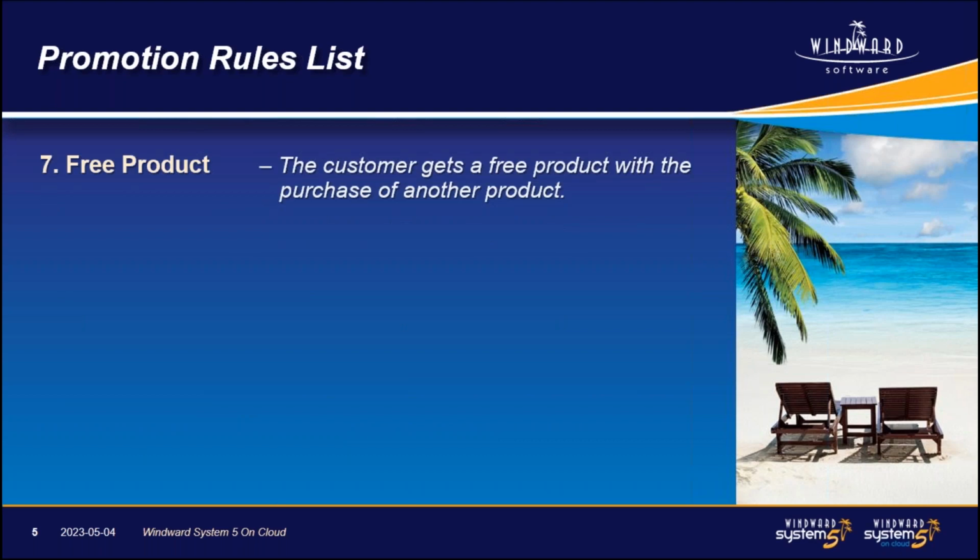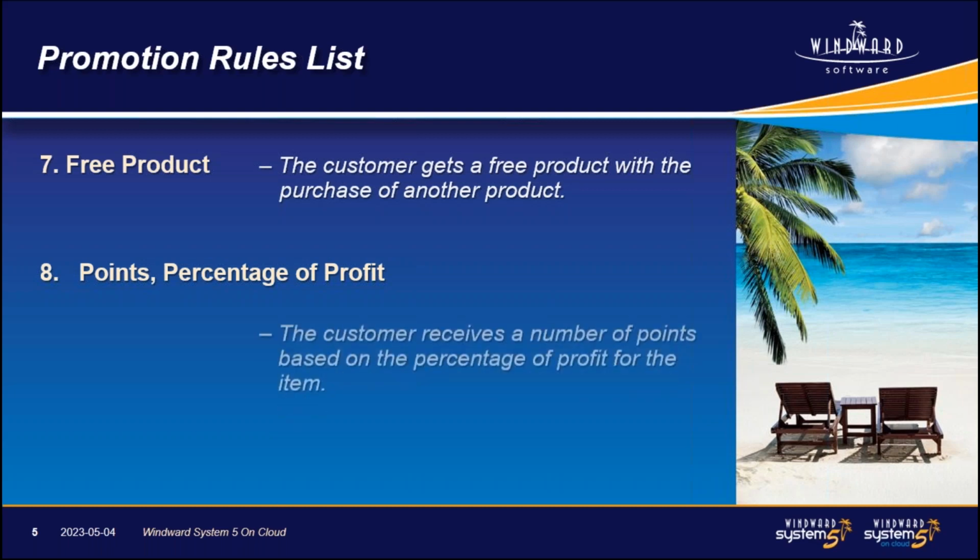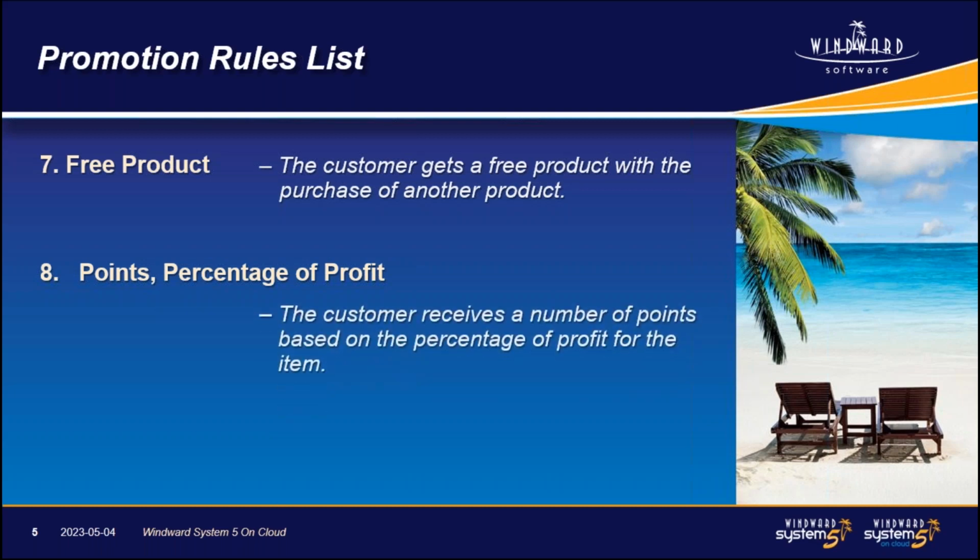With this reward rule, the customer gets a free product with the purchase of another product. And the last but not the least, points percentage of profit. With this reward rule, the customer receives a number of points based on the percentage of profit for the item. At this moment, I'm going to pull up my demo to show you how to set them up.